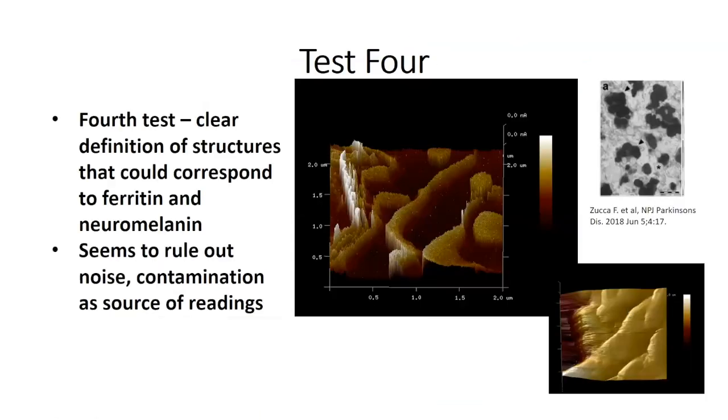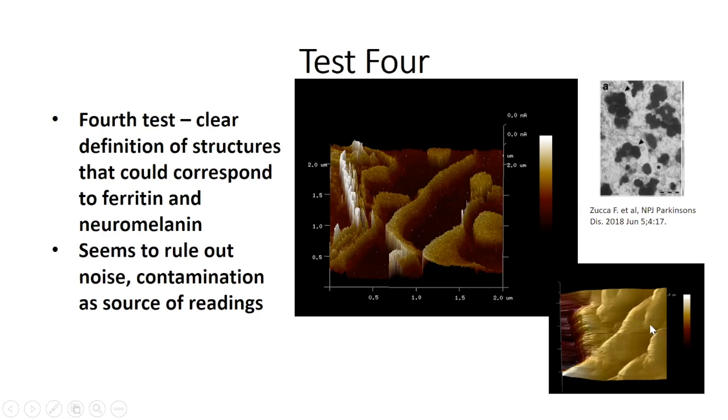The fourth test also yielded very significant results. In particular, the mapping of the anomalous positive currents, which can be seen here, corresponds to structures having dimensions and arrangements of the ferritin, as in the sheets here, and the neuromelanin organelles, which would be these round structures here. This is consistent with the hypothesis that these biostructures are functioning as quantum dots.